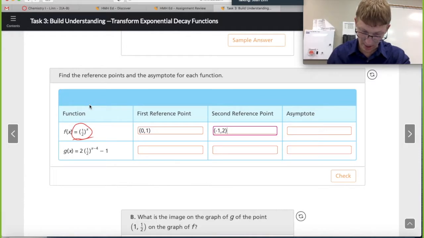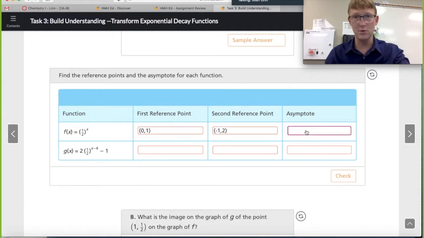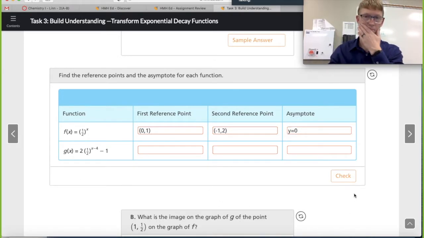And so our parent function, our asymptote, is always y equals 0. So now we need to use this kind of stuff to figure out our first reference point for our g of x. So right there. So let's see here.